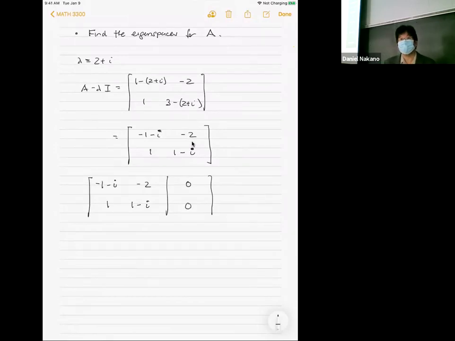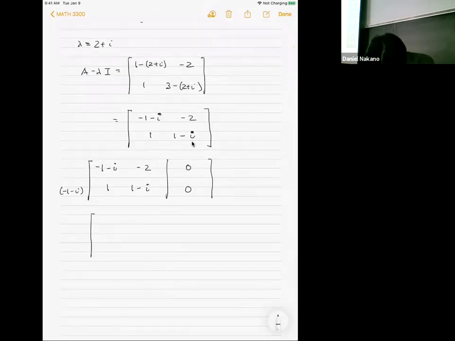Now, what I could try to do is multiply by 1 over minus 1 minus i on the top, and then try to cancel that out. Or let me just multiply the second row by minus 1 minus i. That'll make things a little bit easier. Now we will perform Gaussian elimination carefully. The first thing we get is 0, as we add those two together.